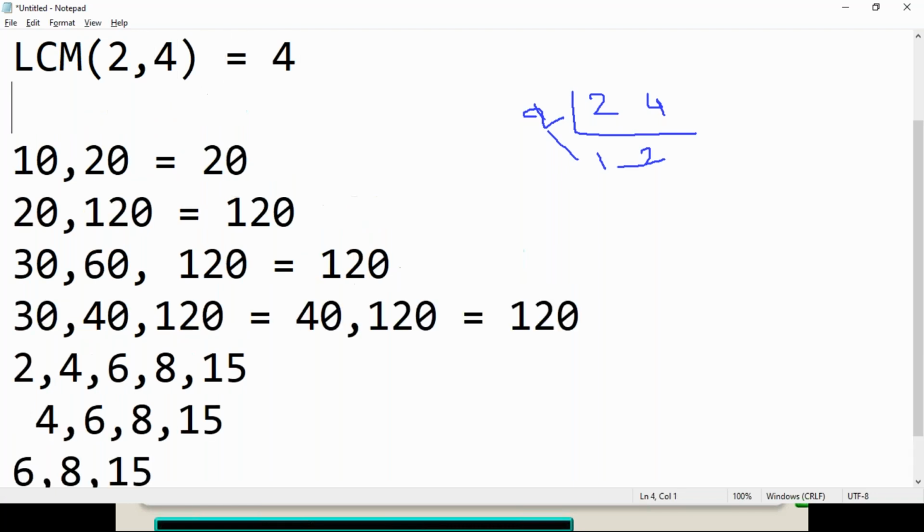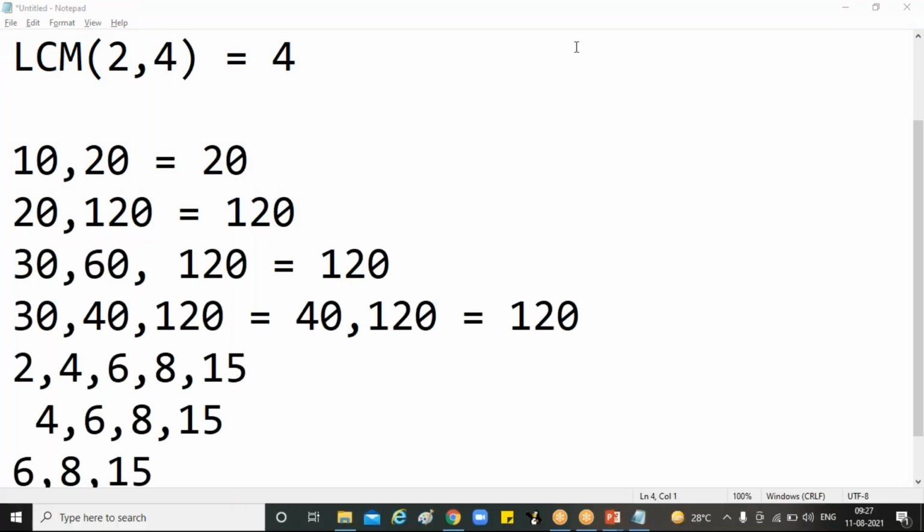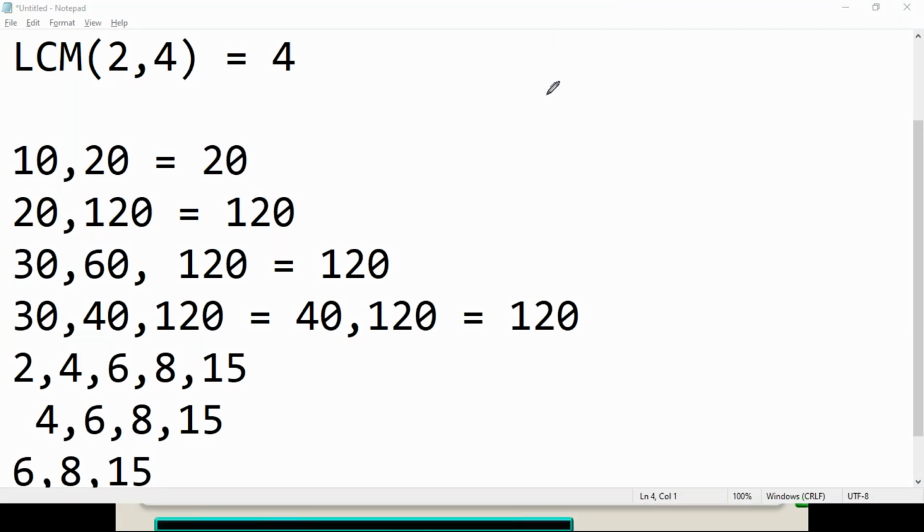So the LCM of 2, 4 is 4. Remember this example throughout the topic. What is the meaning of that? 4 is the LCM, the least common multiple of 2, 4. So 4 is always divisible by 2, 4.